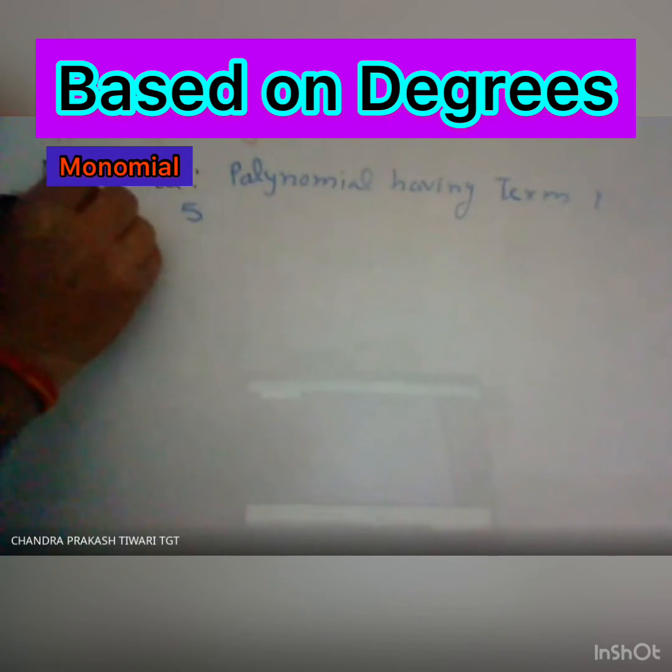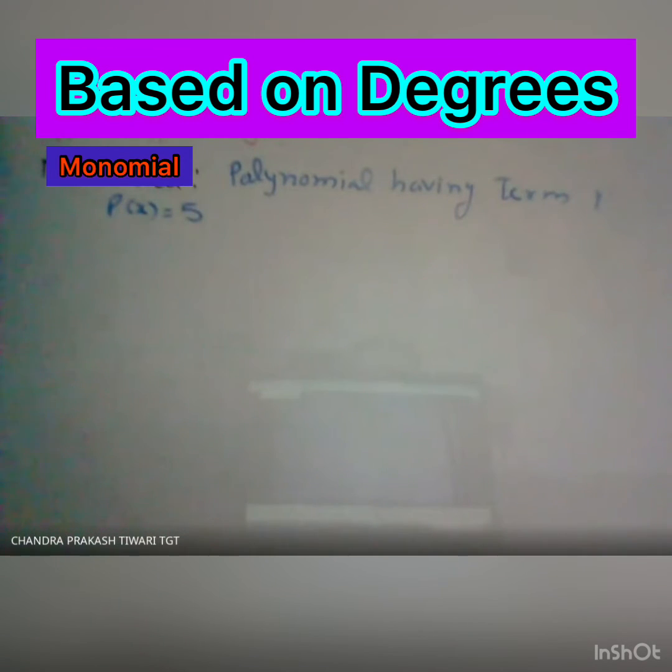For example, p(x) equal to 5. This is known as a monomial because this polynomial has only one term.